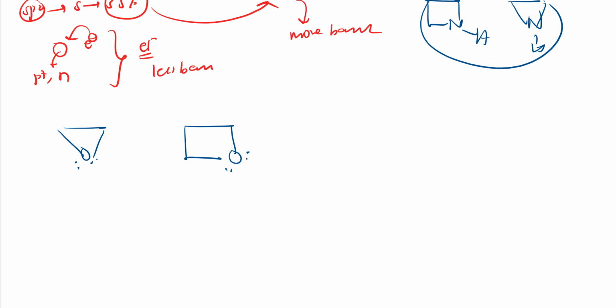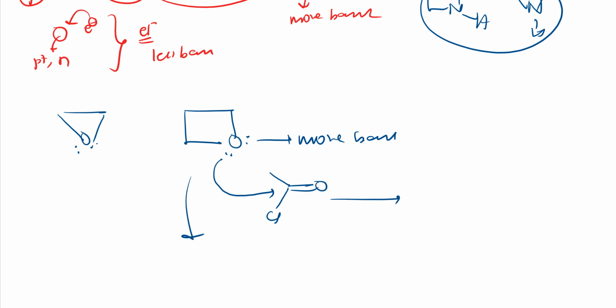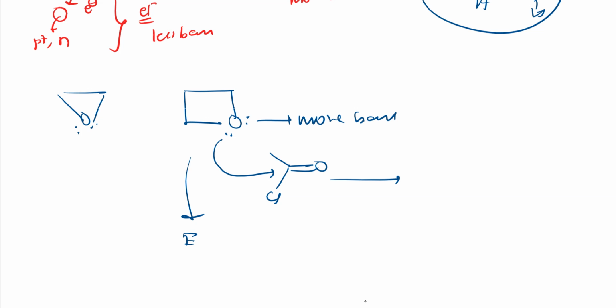So what difference does it make in chemical reaction? Since it is more basic, if I have any electrophile like this H-Cl, the reaction will be faster. So the electrophilic reaction will be fast in the case of this oxetane. It can easily react, so I can say it does a fast electrophilic ring opening reaction.